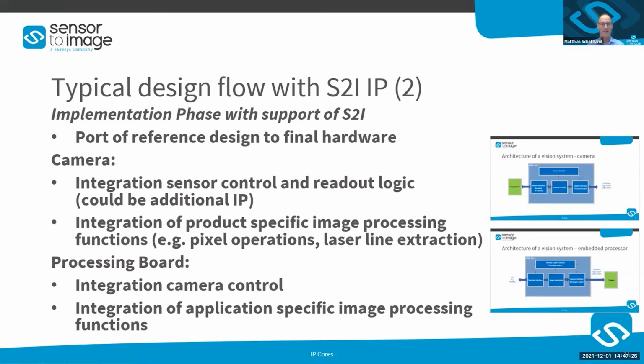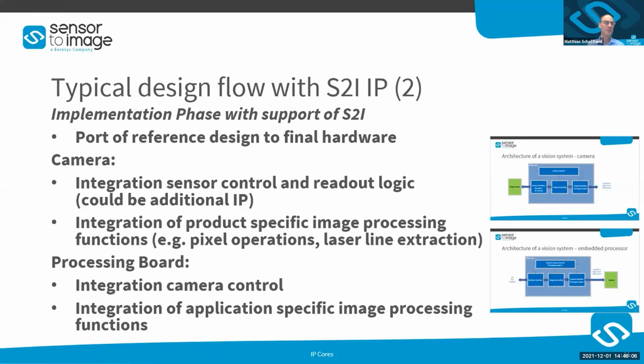In a first step, porting the reference design to the final hardware ensures that the design is working, that the hardware is working. Then we have to adapt the reference design for the final camera or cameras, and the specific features of the cameras. Depending on the processing board, this might be a bit more work or less work, depending on if, for example, Linux or something like that could be used to use libraries to work with the XML file.